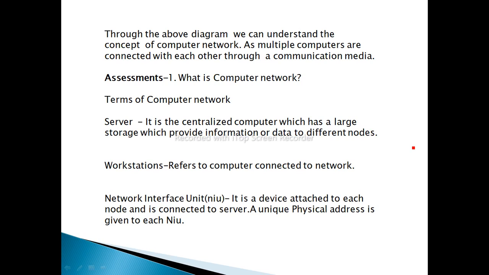That is the definition of server: the centralized computer which has high storage and high processor capability. Now, through the above diagram, we can understand the concept of computer network, as multiple computers are connected with each other through a communication media.